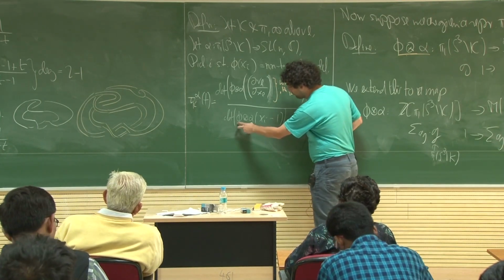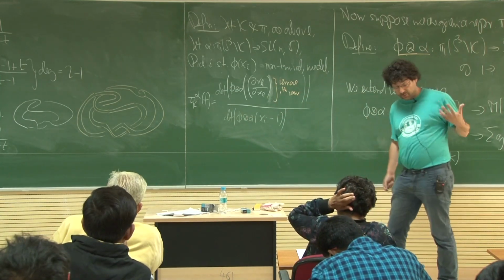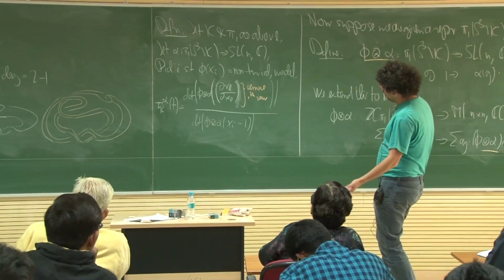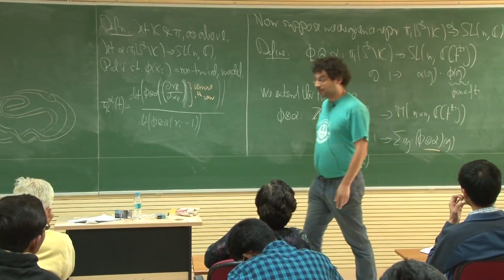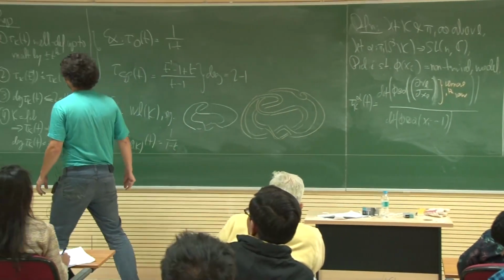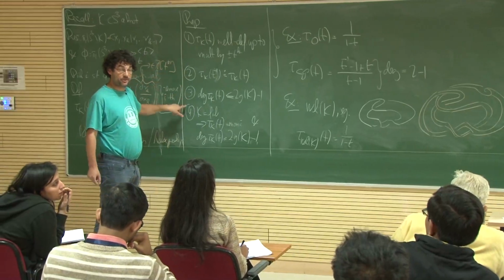So take your xi, apply that map and subtract the identity. A little bit more messy than before, but not much more messy. And now the obvious question is how about the properties here? How are we doing?